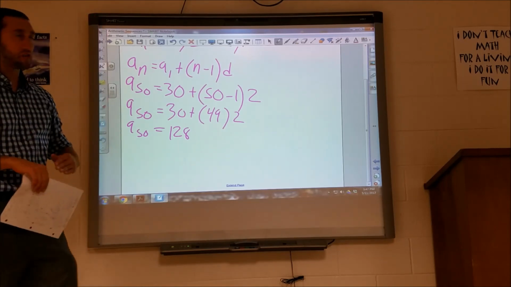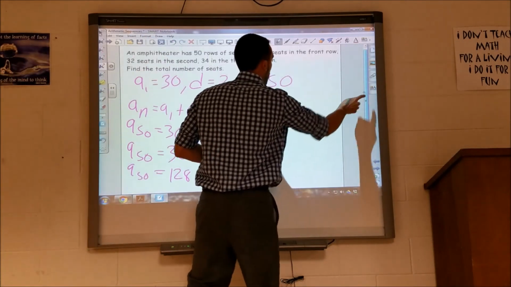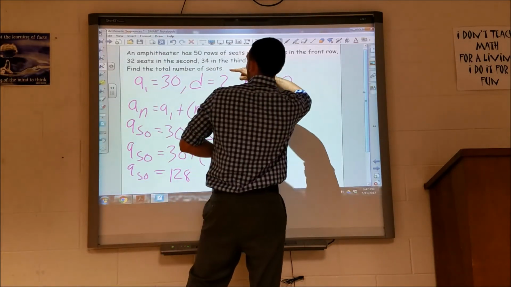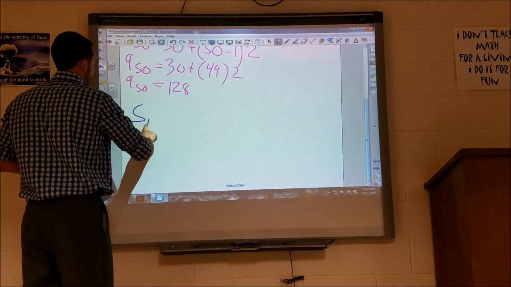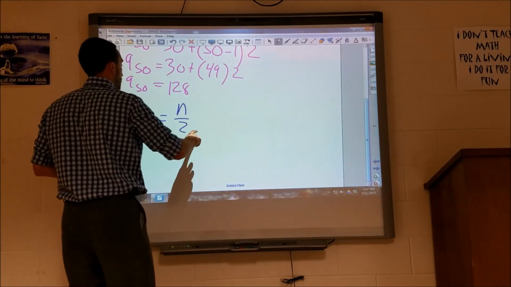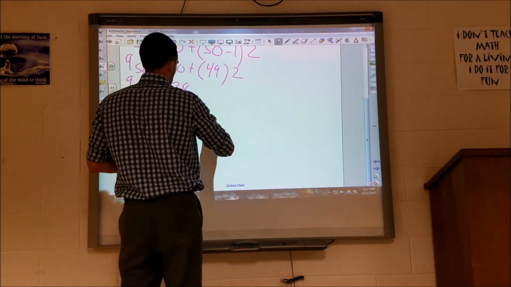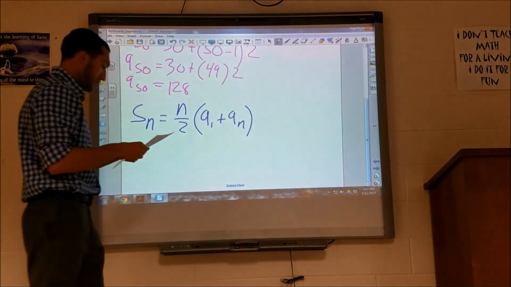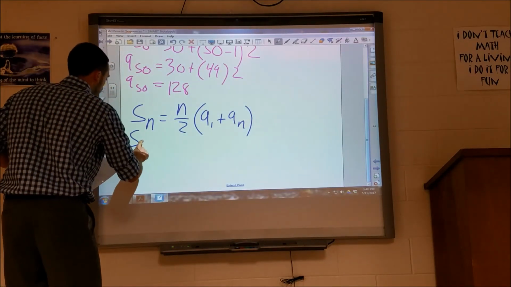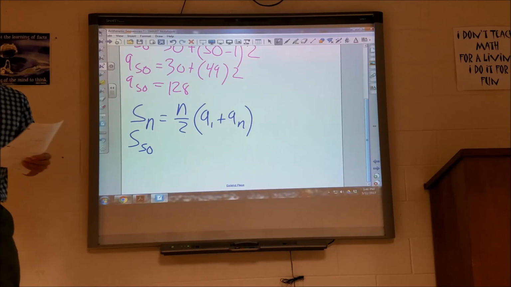I know how many rows there are. So I can find, really what I'm looking for is a partial sum, so I can find the total number of seats. So I know the partial sum is equal to n over 2 times a sub 1 plus a sub n. Okay, so I just plug in what I know. I'm really looking for S sub 50, right?